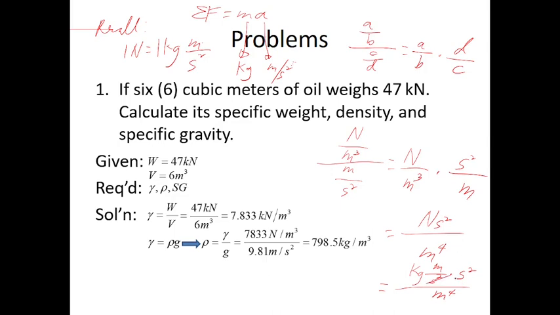The second squared cancels, and then we have meter and meter to the fourth, so one meter cancels. This will now become kilogram per cubic meter, since meter to the fourth over meter leaves meter cubed. So, kilogram per cubic meter.